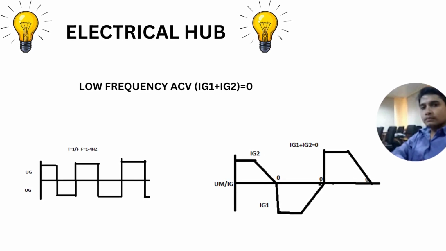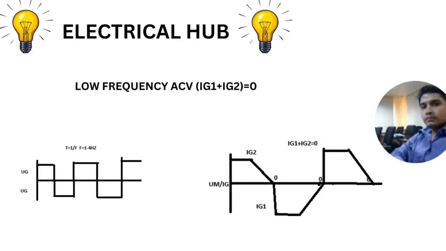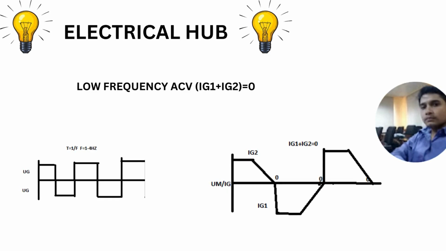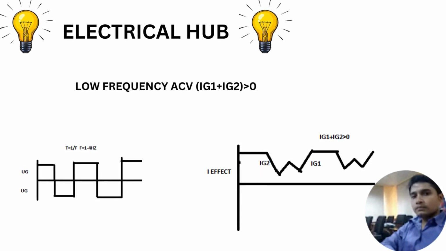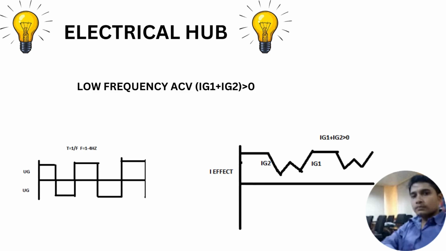During normal operation, the low frequency AC voltage follows a proper cycle of square waves. So the current becomes zero at the end of each cycle. But during the fault condition, things change. During the fault condition, there is a shift in the rotor fault current and Ig1 plus Ig2 is not equal to 0. It becomes greater than 0.